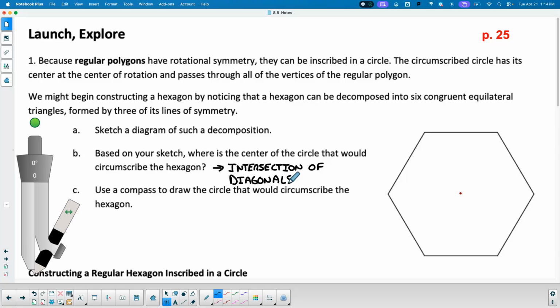So if we draw in all 3 diagonals, excuse me, I said diagonals.